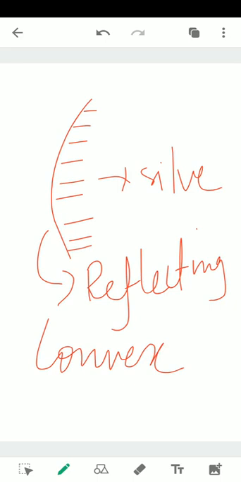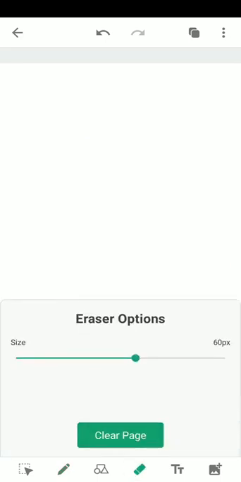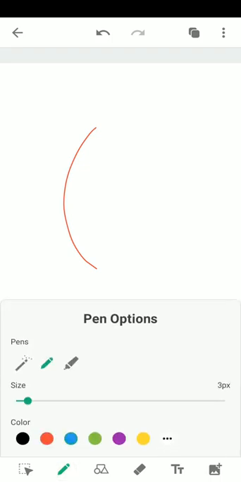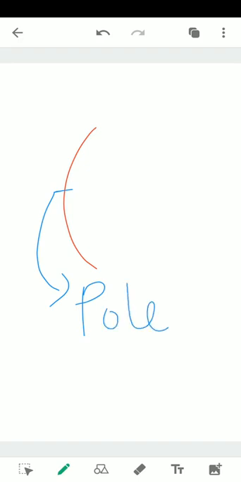So this is done. Let us try to understand some of the terminologies regarding these mirrors. First is the pole. I'll draw one diagram for you. Let this be a spherical mirror, and it will have a center, right? Let the center of this curved mirror be this one. This is called the pole.